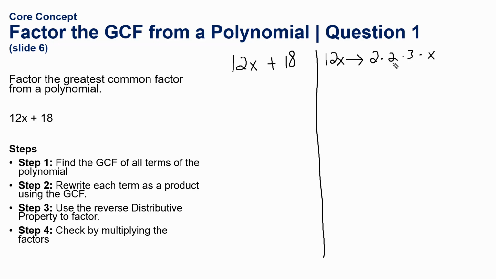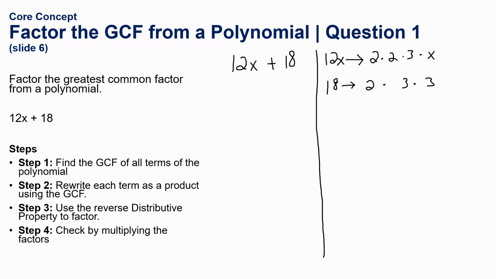So 2 times 2 is 4, 4 times 3 is 12, 12 times x is 12x, and then 18, we have 2 times 3 times 3, and no x term as well.